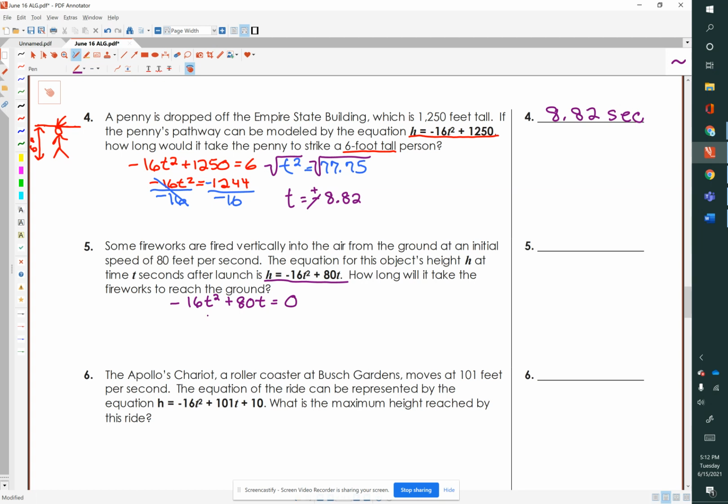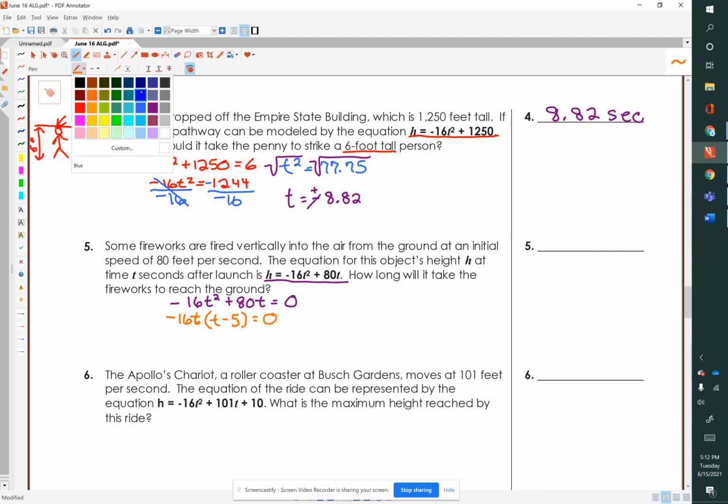And let's factor negative 16t out of this equation. So let's change our color. We're factoring out negative 16t, which leaves us with t minus 5 equals 0.